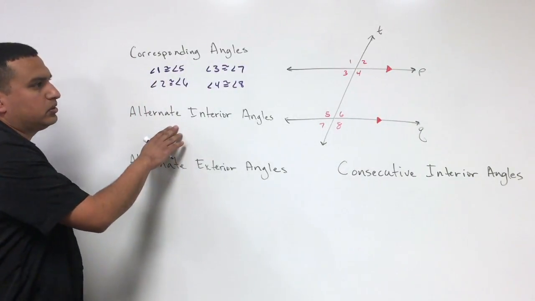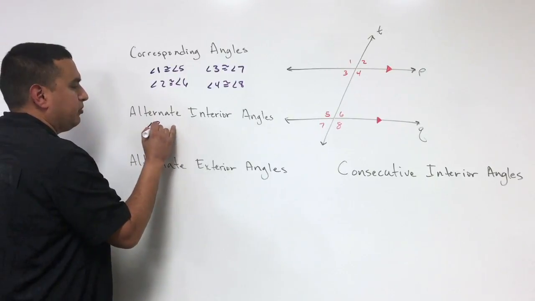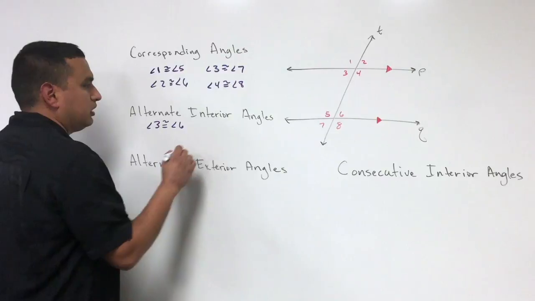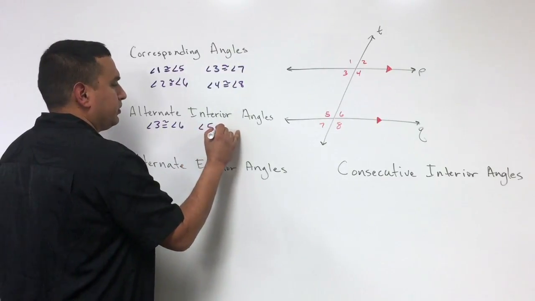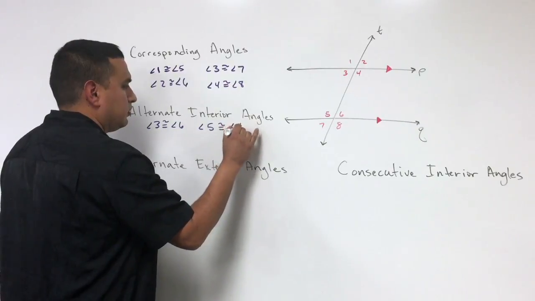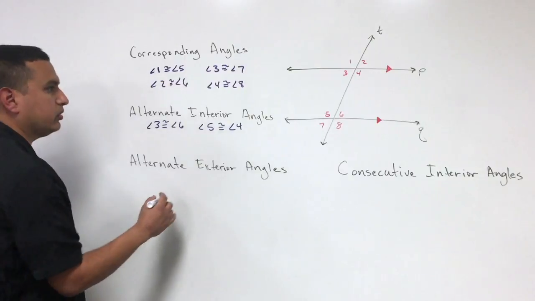Alternate interior angles are also going to be congruent. So again, if you have parallel lines, angle 3 would be congruent to angle 6. Angle 5 would be congruent to angle 4. And then for alternate exterior angles, those are also congruent.